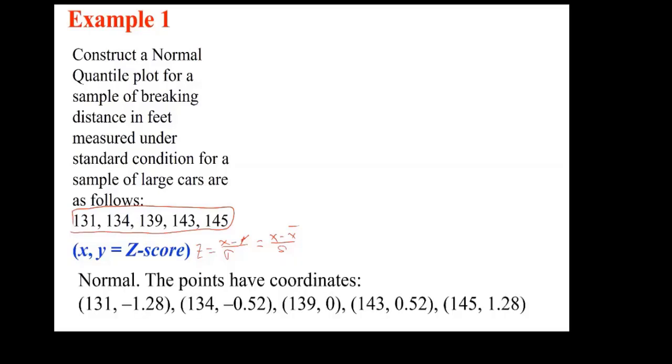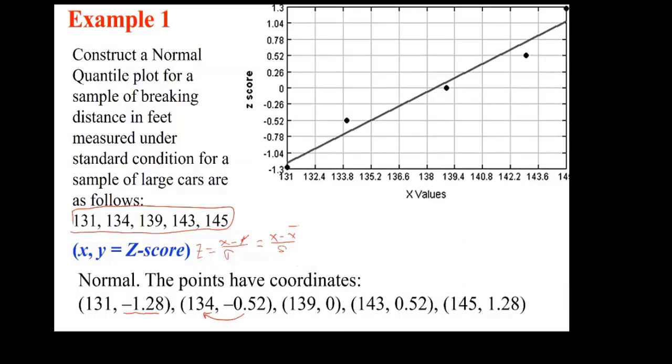So for example, for 131, the z-score is negative 1.28. For the value of 134, the z-score is negative 0.52, and so on and so forth. Now you're going to plot them and see what happens. So here's the plot.